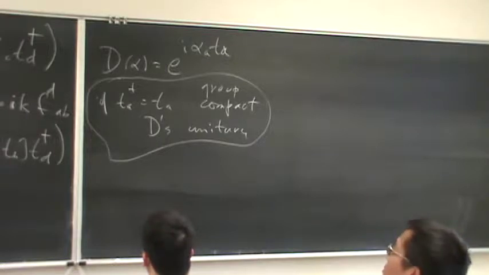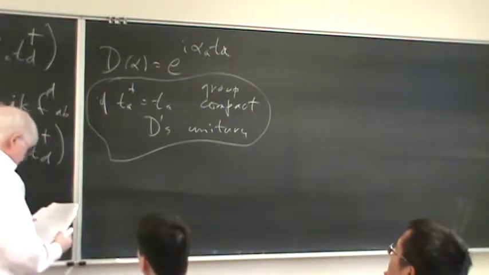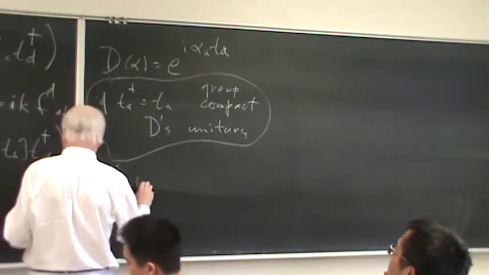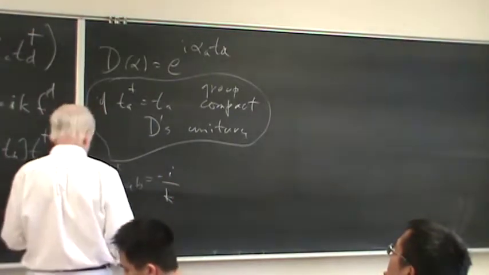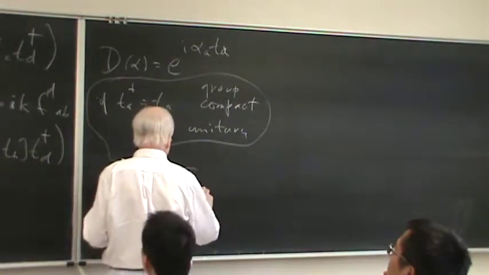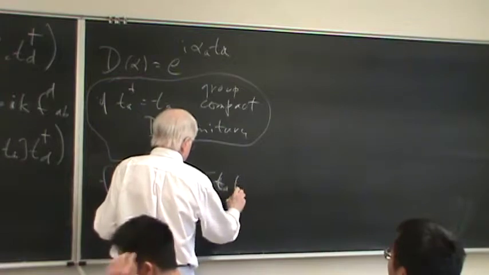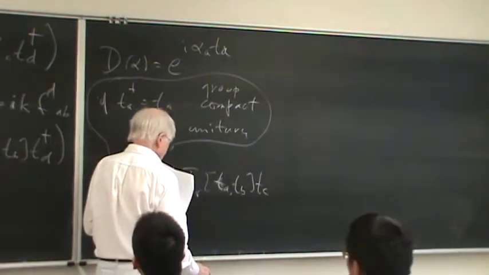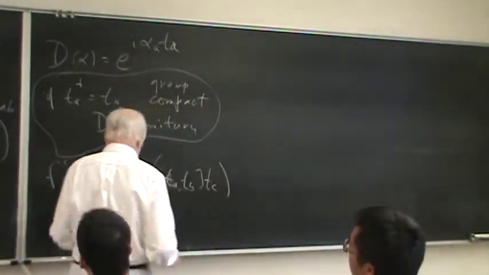It's just a case for compact groups. And in this case, F^{CAB} is minus i over k times the trace of the commutator of T^A, T^B with T^C, because you can forget about the adjoint because the thing is Hermitian.